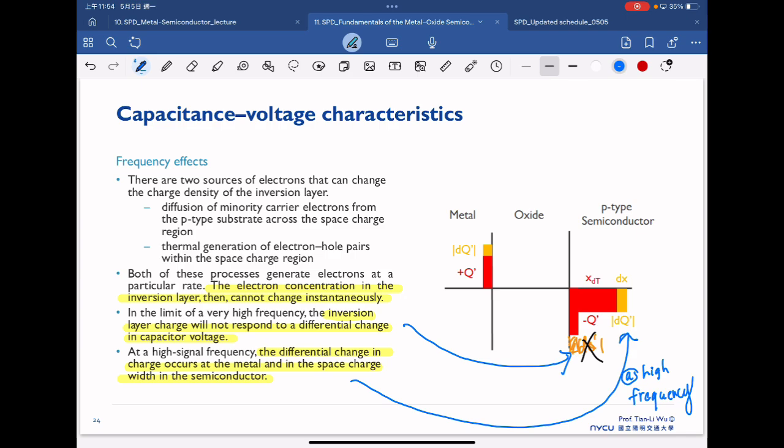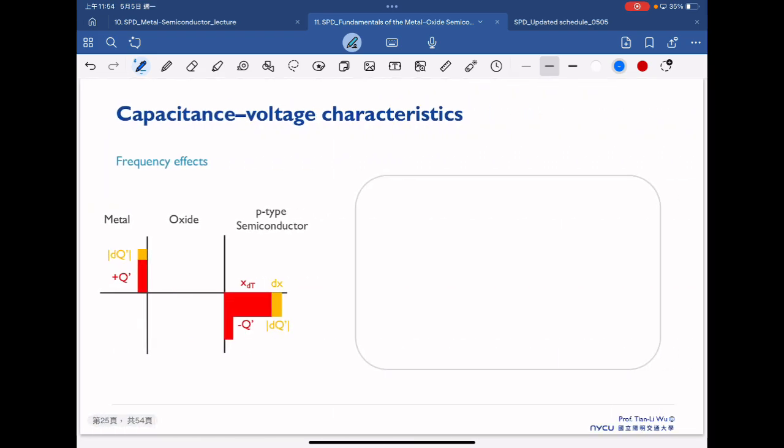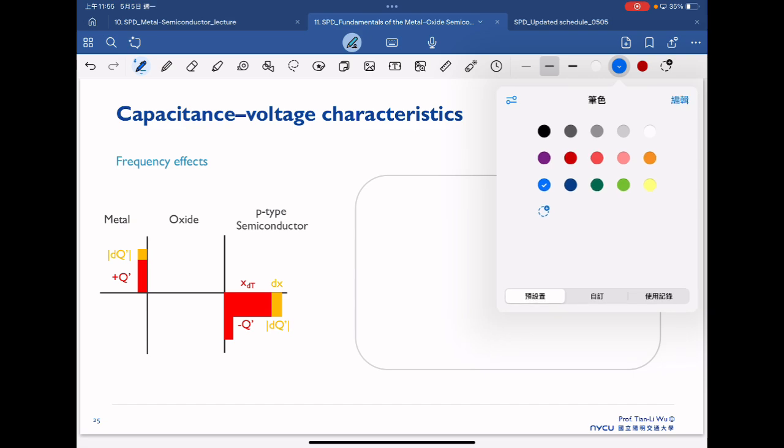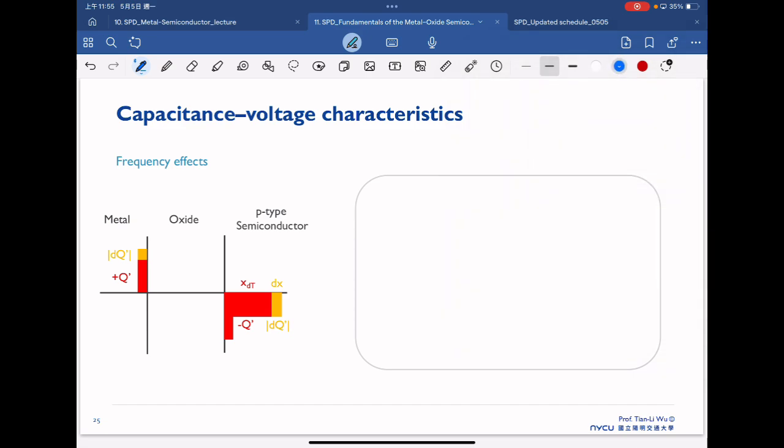And therefore, in the case of the high frequency, now we can consider the capacitance is in series with Cox, also CSD here.